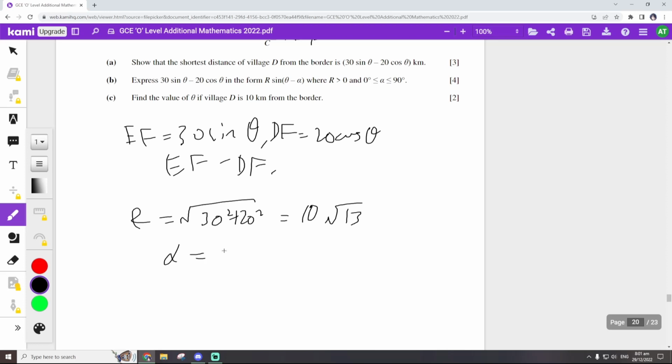Alpha is the inverse tangent of 20 over 30. Okay, and what's this? 33.690 degrees, 3 dp.